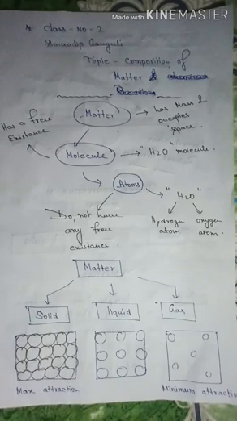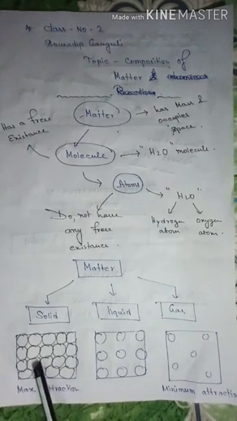These spaces are called intermolecular spaces, and the attraction force which held these molecules together is known as intermolecular attraction force. In case of solids, the intermolecular attraction force is maximum, right?